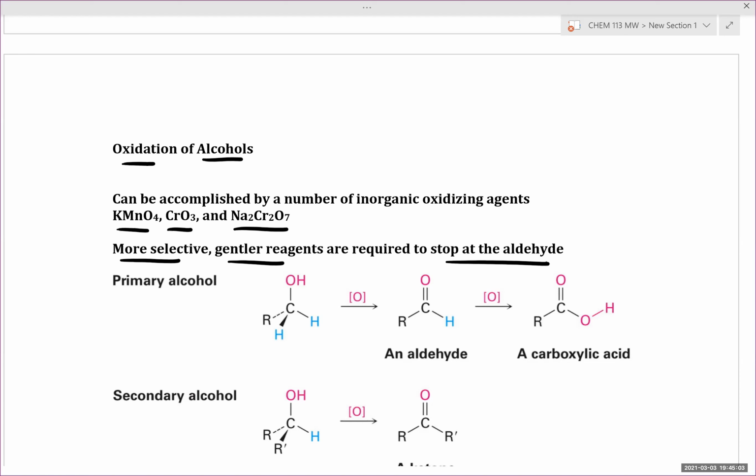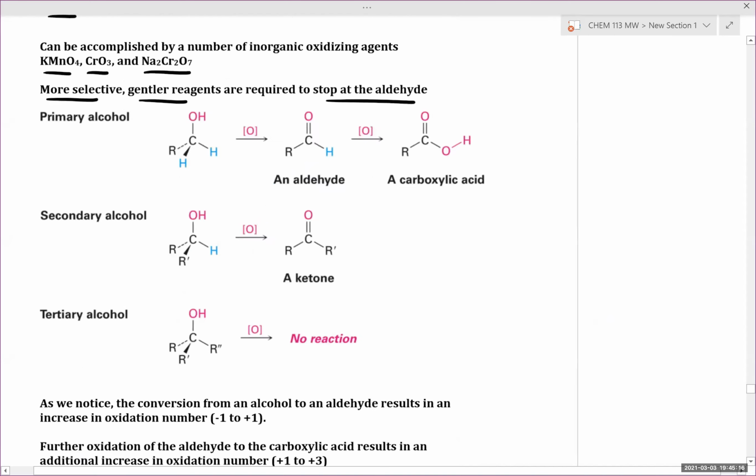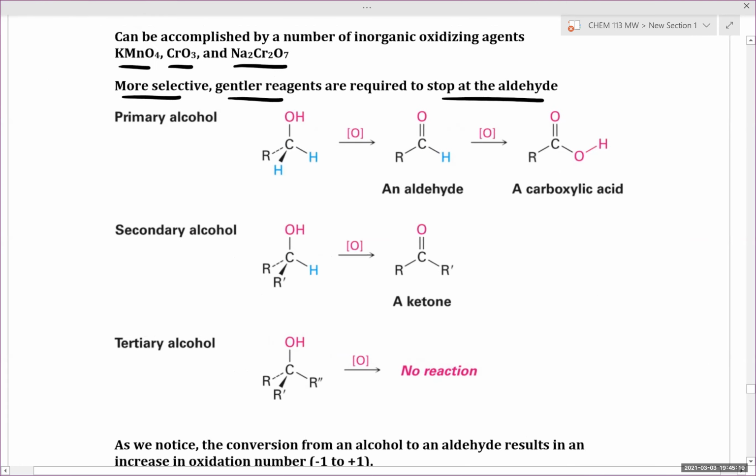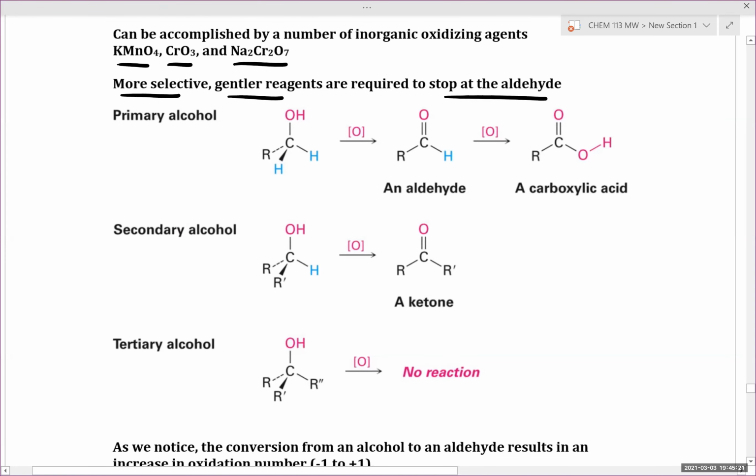So the way that I like to think of oxidation is loss of a hydride equivalent. Let's do some oxidation number counting for some of these structures.